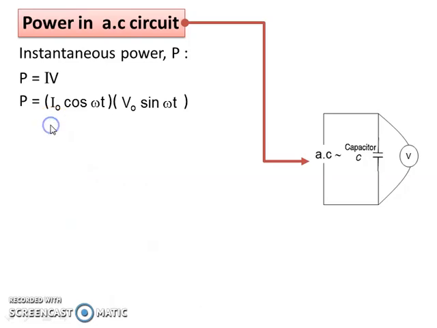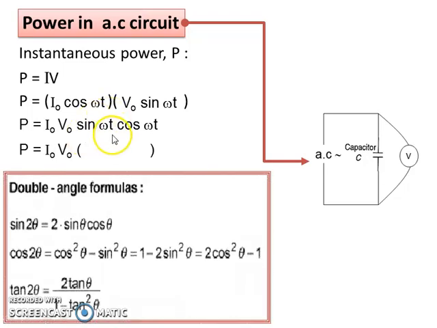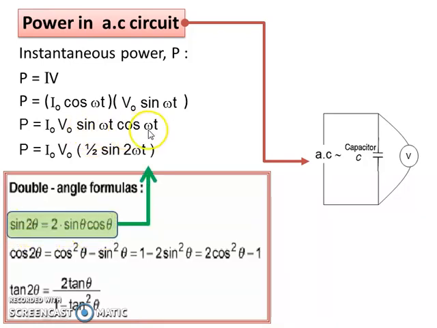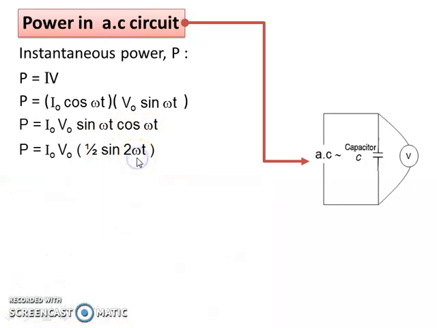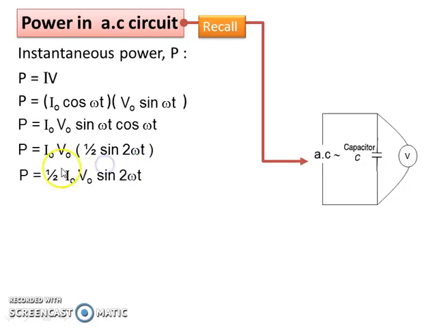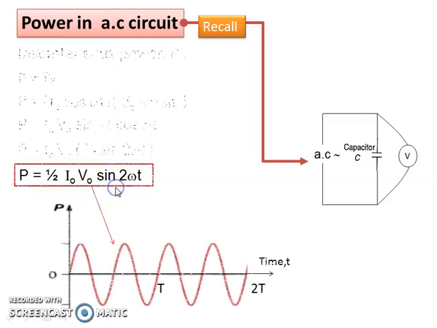So we get P equals I naught V naught sine omega t cos omega t. And simplify the equation using the double angle formula, sine 2 theta equals 2 sine theta cos theta. So therefore sine omega t cos omega t becomes half sine 2 omega t. Bring half to the front, P equals half I naught V naught sine 2 omega t.